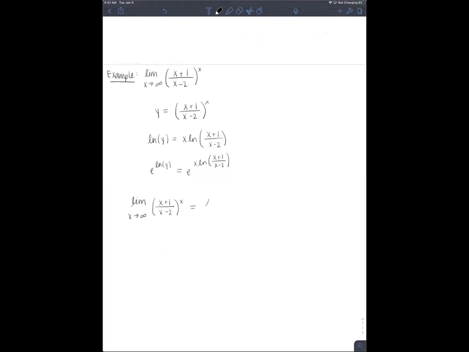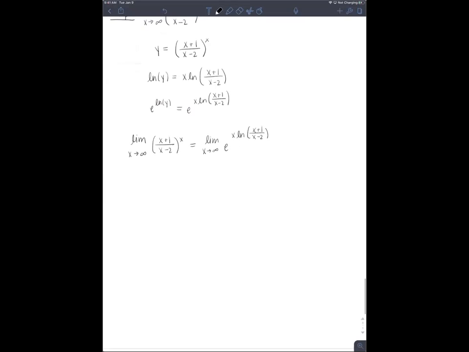Okay, so here, what I really am finding the limit of is e to the x ln of all of this over x minus 2. But really all I care about is the limit of the exponent, x ln of x plus 1 over x minus 2.